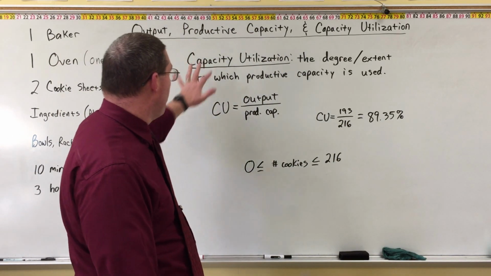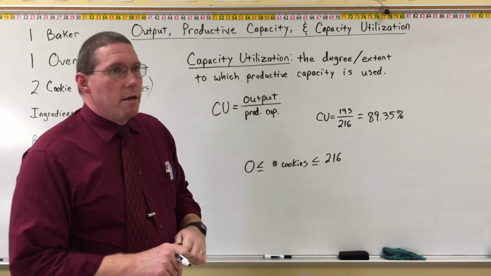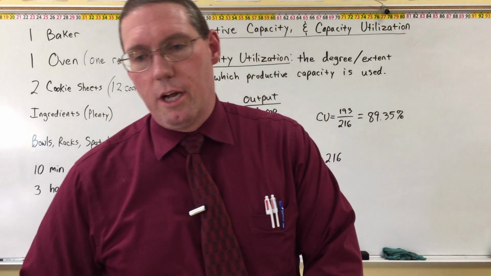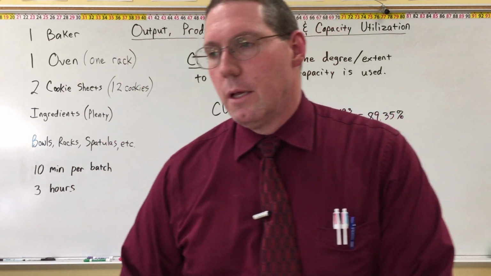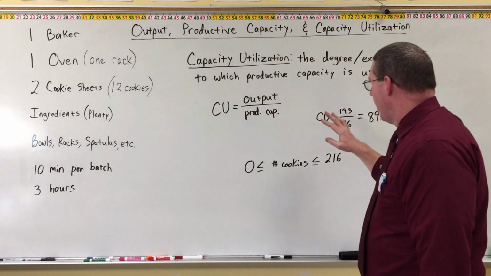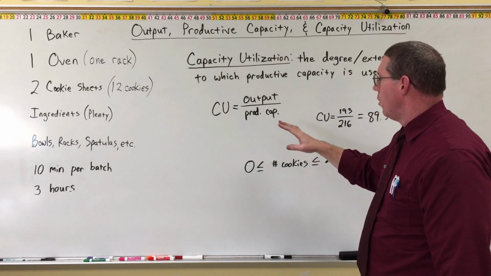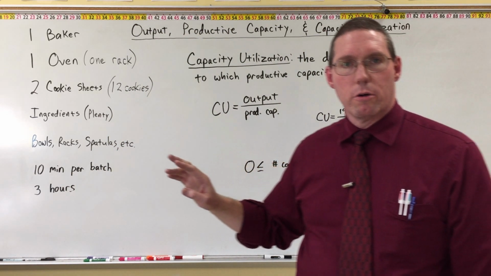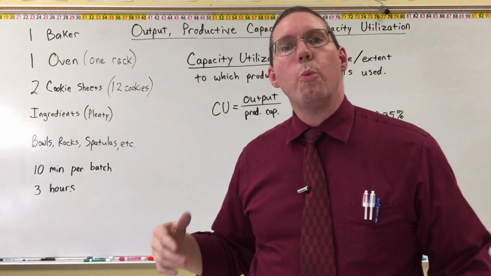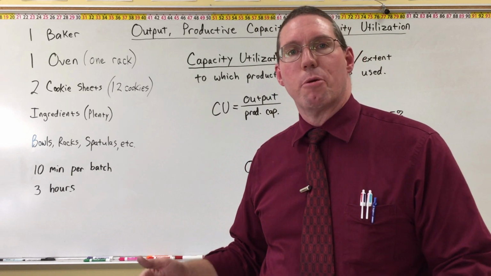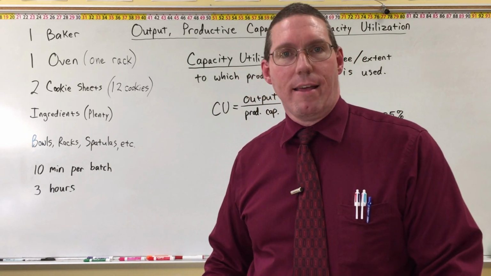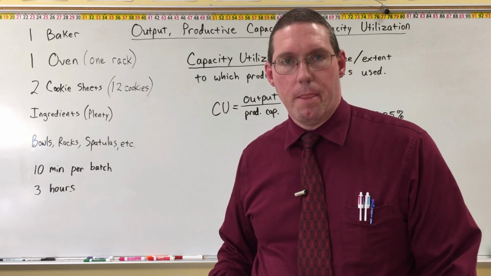So this idea of capacity utilization in macroeconomics brings up this question of how useful or how much use are we actually getting out of our factors of production? Are we using our factors of production wisely, or are we wasting factors of production?